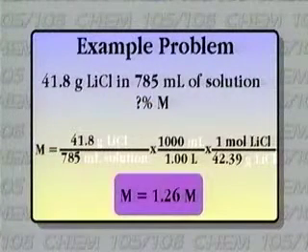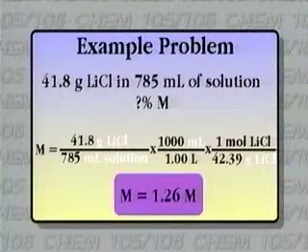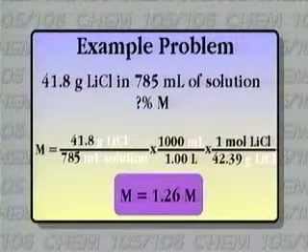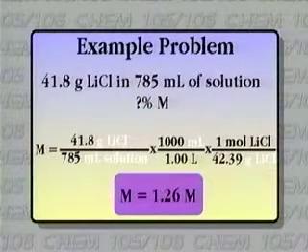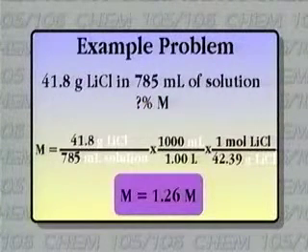Well, let's see then. We have 41.8 divided by 785, multiplied by 1,000, and then divided by 42.39.